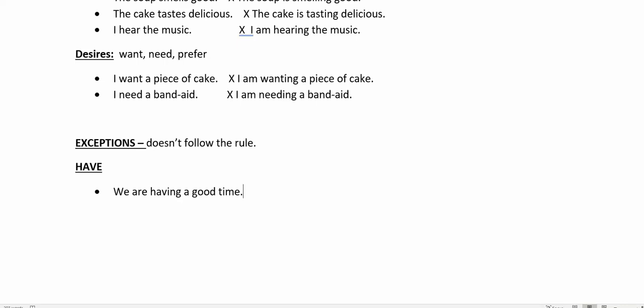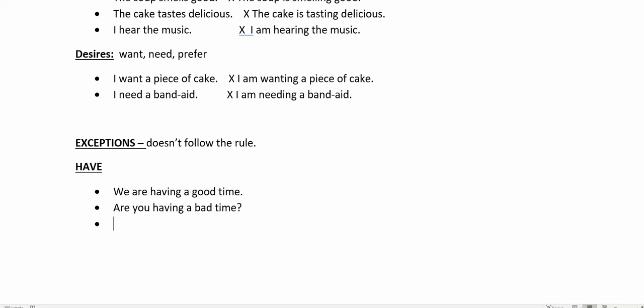We are having a bad time. We are having a lousy time, okay? But anything, we're having a good time, we're having a bad time, you can use that in the progressive. You can even ask it in a question. Are you having a good time? Are you having a bad time?